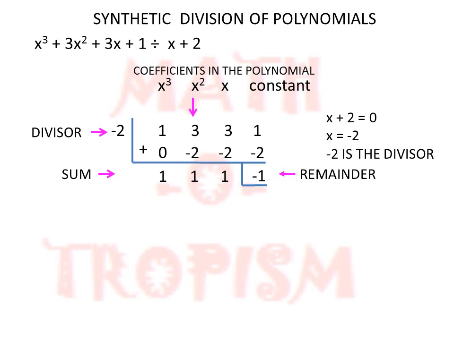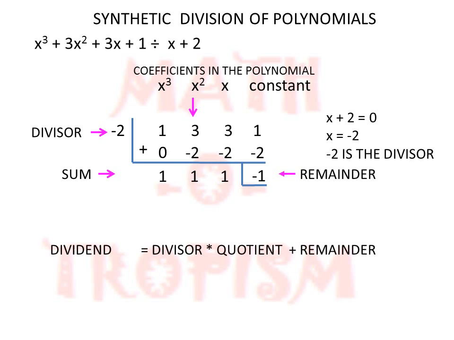When I write it as dividend equals divisor into quotient plus remainder, since the remainder is there, the numbers we have got in the last row as the sums are the quotient. Since the given polynomial is cubic, I write the quotient as a polynomial of degree one lesser. Under the first coefficient it will be x square, second will be x, and third will be the constant term.